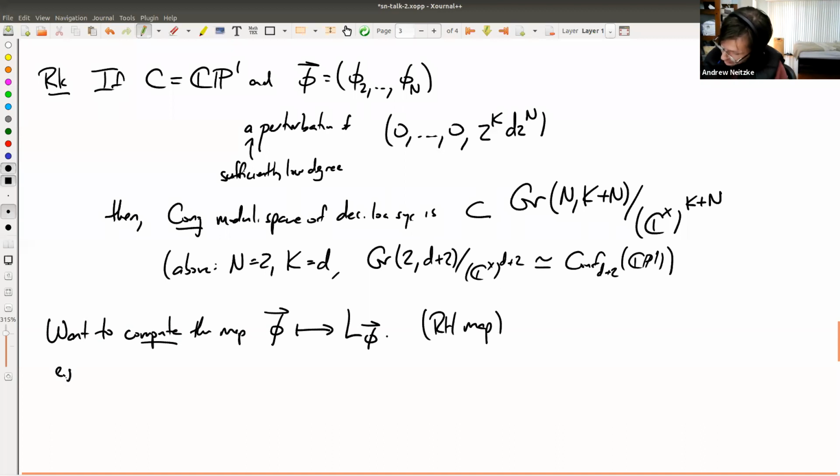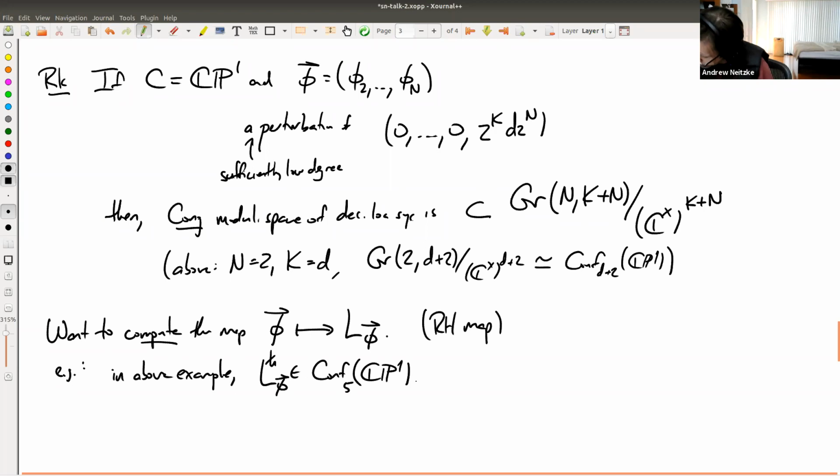So for example, an example of a concrete thing we might want to be able to do is in the above example, we've got L phi Hbar in the configuration space of 5 points of CP1. We could ask, what is that configuration?